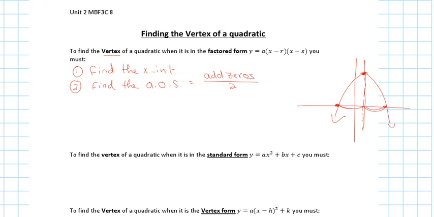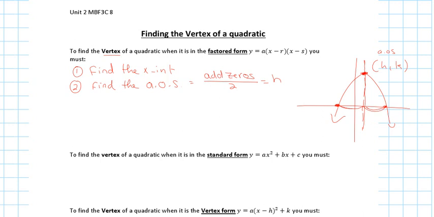That's the average, yeah. Because middle is the average. So that gives me the h value of the vertex, right? Because remember that my vertex is h and k, and the h value is the axis of symmetry. You guys remember that, right? Yeah. So I found the h value.